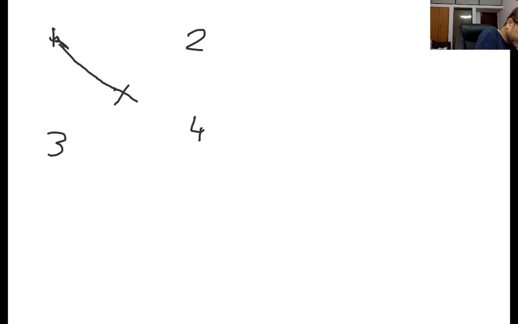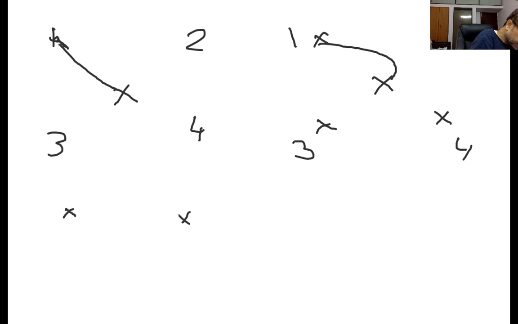So let me draw those 4 possibilities. This is 1, 2, 3, 4. This is the second possibility. This is third.